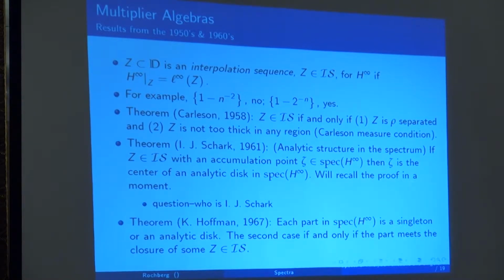And that second case happens if and only if you're in the closure of some interpolating sequence. So in some sense, the interpolating sequences go to the boundary very quickly. Hence, their accumulation points are buried rather deeply inside the maximal ideal space, but we don't want to push that discussion too far.